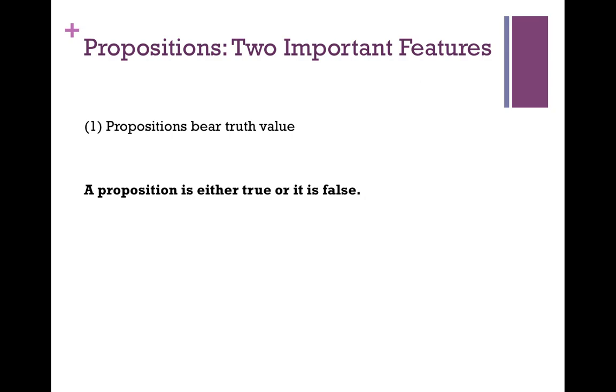For instance, 1 plus 1 equals 2. That's just always true. That sentence, if you think of it that way, is always true. Or everything is identical with itself. Well, that's just a sentence that expresses a proposition which is always true. It is always true that everything is identical with itself.